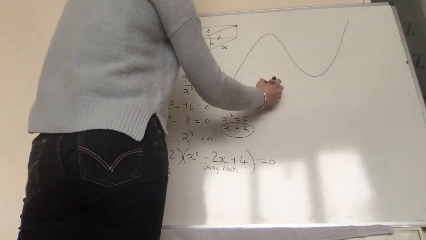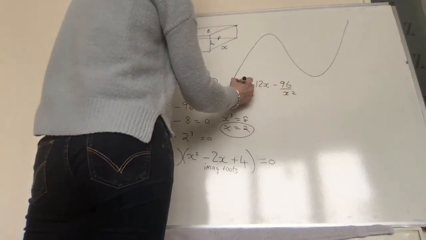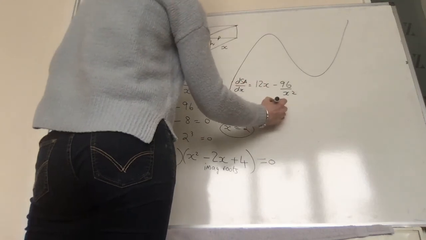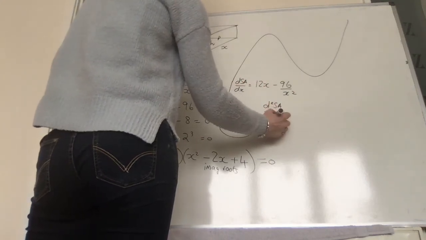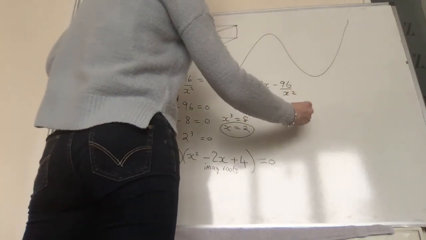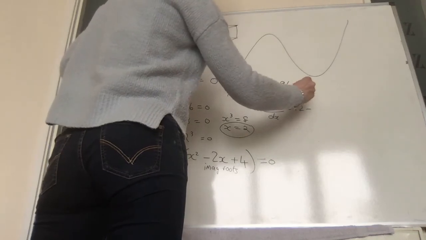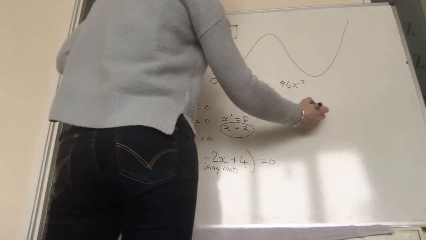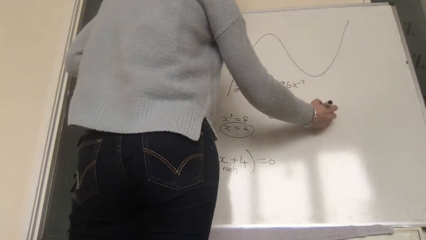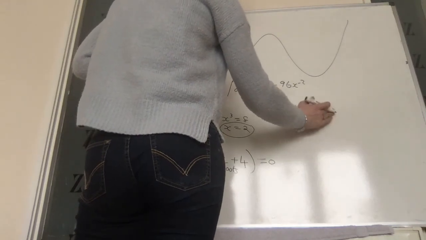So what do you get if you differentiate 12x minus 96 over x squared? If that was d surface area by dx, then d2 surface area by dx squared is equal to 12 minus, now that's 96x to the power minus 2, so you're going to get 12 plus now, because you're going to bring the minus 2 down and multiply, 192 x to the power minus 3.